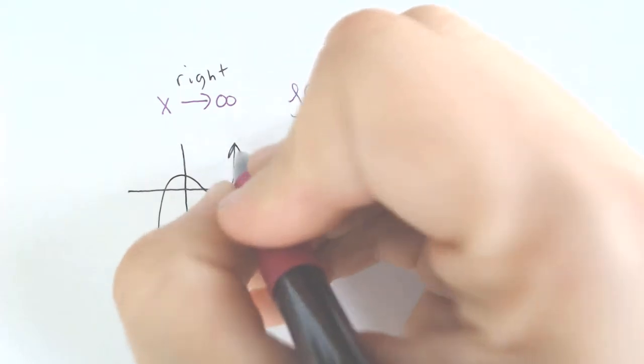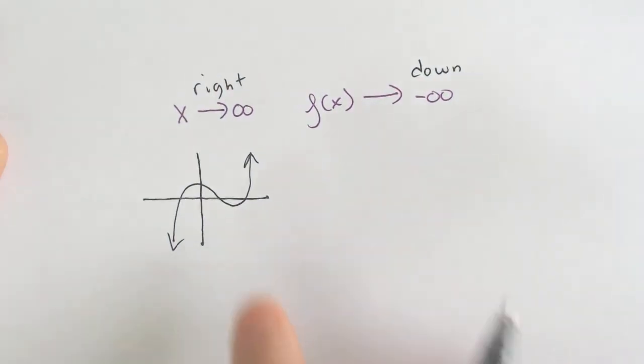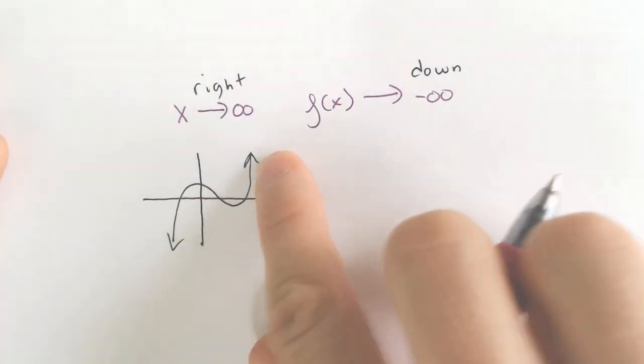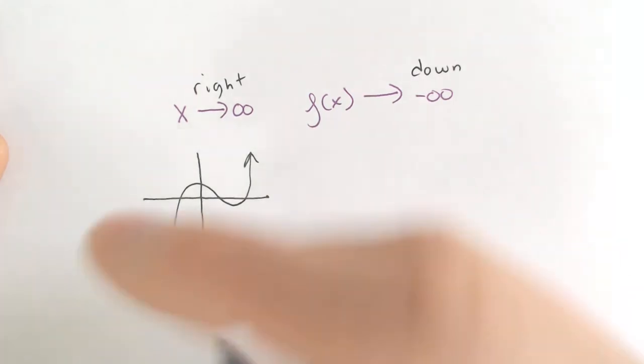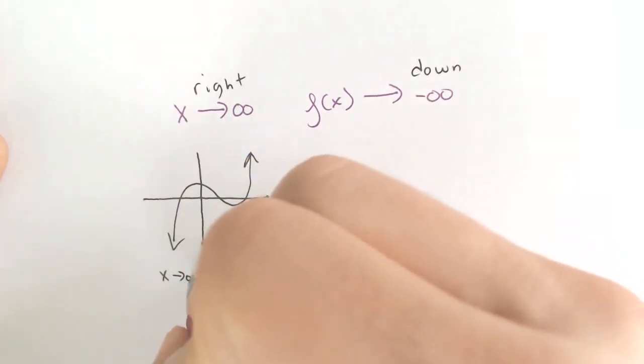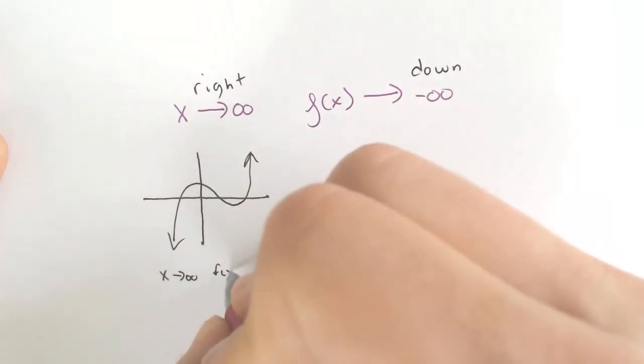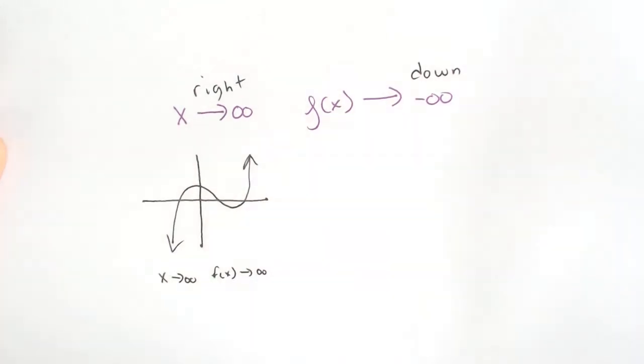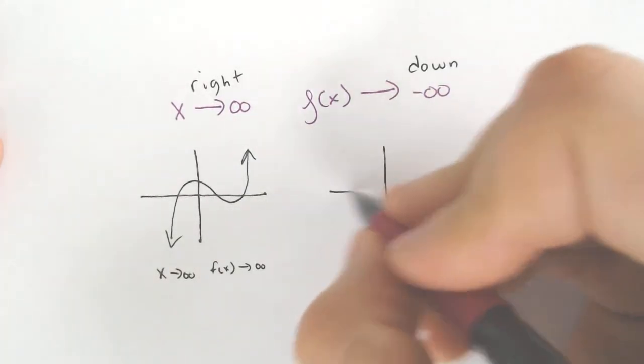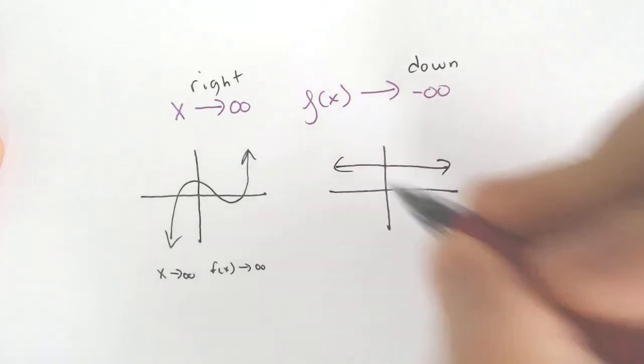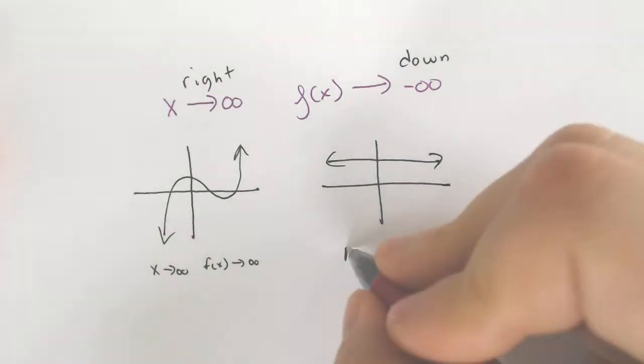So out of the few graphs that I graph, we need to find the one that goes on the right side down. This first one on the right side goes not down but up, so this one would have been x approaches infinity, f of x, or y, is approaching positive infinity, not the right answer. This one is just a line, so this would also not be it.